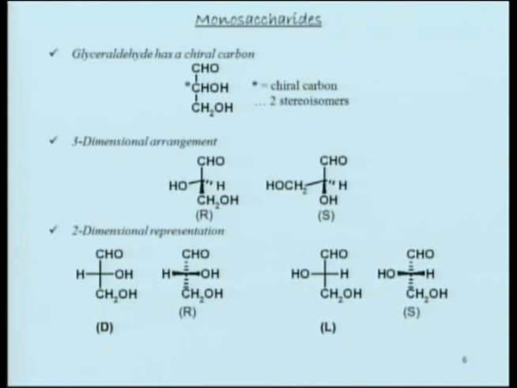And this is for the simplest unit, where there is only one chiral center. Now, the representation here equals this representation. Okay, what does that mean? That simply means that that bond and that bond are going behind, and these two bonds are coming towards you.